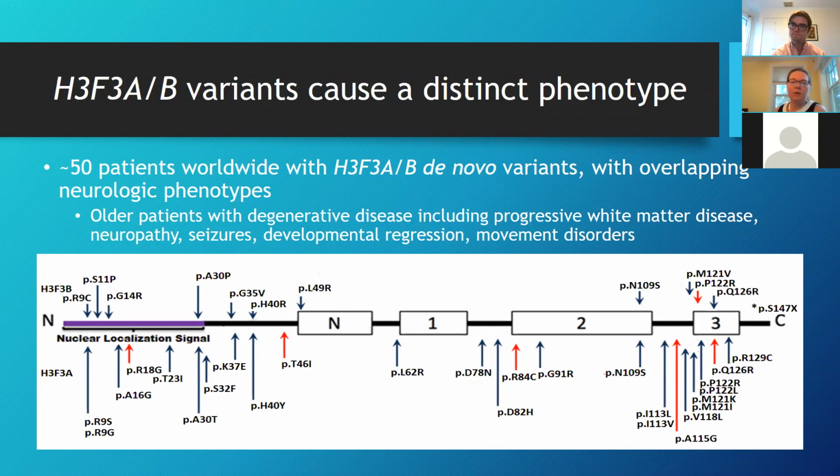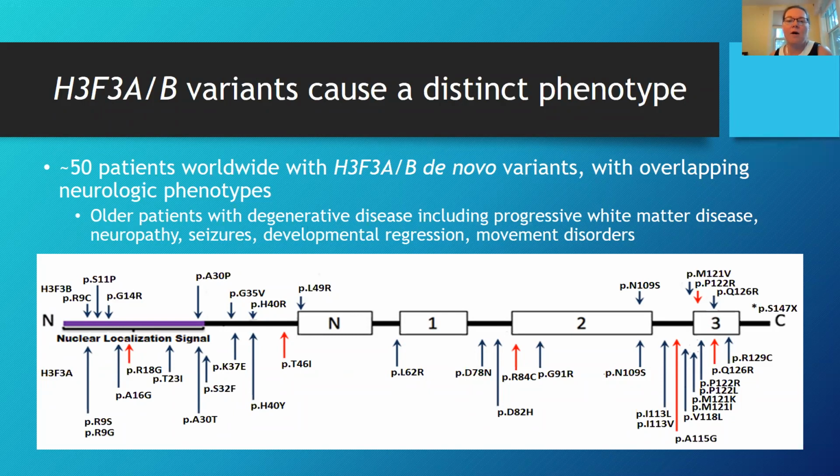We have patients that are in their 30s, but it's very interesting because there's a wave of regression that seems to happen in the first decade of life. Then there's another wave of regression when the patients hit around 30 years old, where they get maybe a spastic paraplegia.